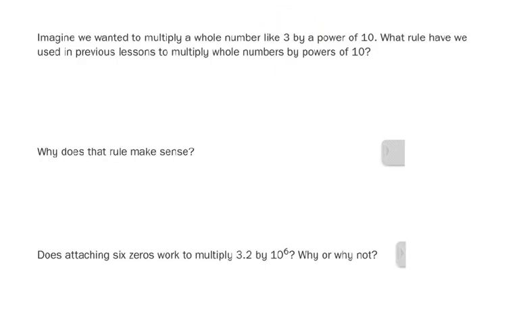Imagine we wanted to multiply a whole number like 3 by a power of 10. What rule have we used in previous lessons to multiply whole numbers by powers of 10? We know if we were to take a number like 3 times 10 to the 6th power, we just take the 3 and we have 6 zeros behind it. Why does that rule make sense?